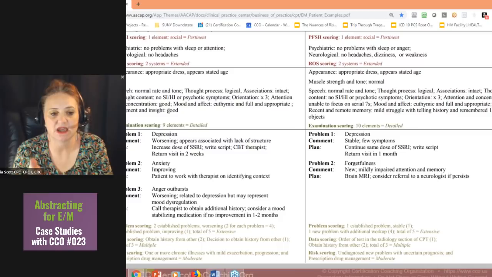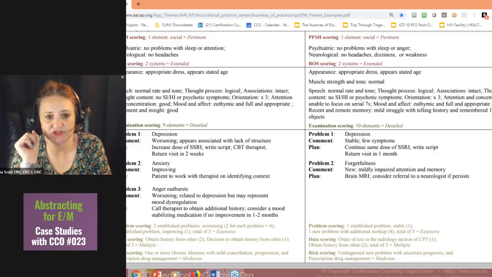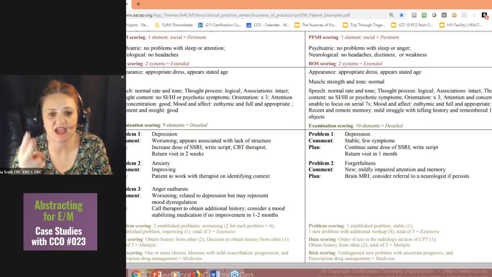So we've got a detailed exam. Medical decision making. Notice we have 3 problems that we mentioned before: depression, anxiety, and anger outbursts. Three different things. Now, instead of reading this out, let's talk about what he's going to do for this patient. For the first, we are increasing the SSRI, and he's going to try a CBT therapist, and he's going to return. For anxiety, he's going to be working with a therapist.